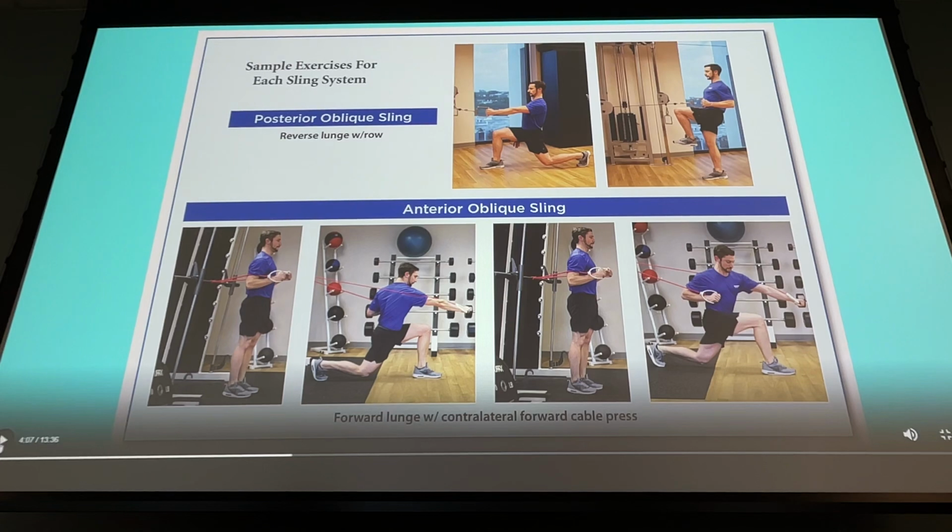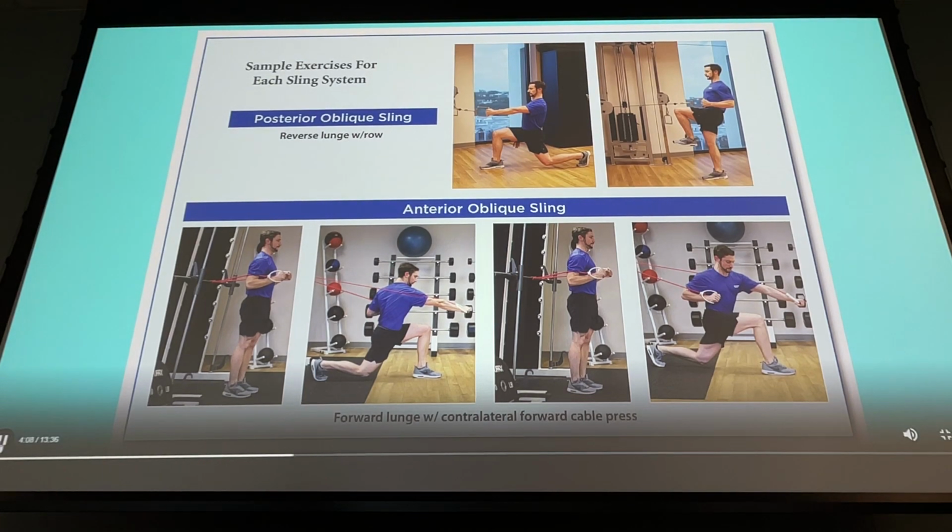I'm extending this right side, and I'm pulling this left lat, which crosses over and forms that posterior oblique. Okay, so posterior and then diagonal. So that's why it's this left lat and this right glute. Extending this right glute, firing with this left lat at the same time. So that's how you would operate that posterior oblique system.